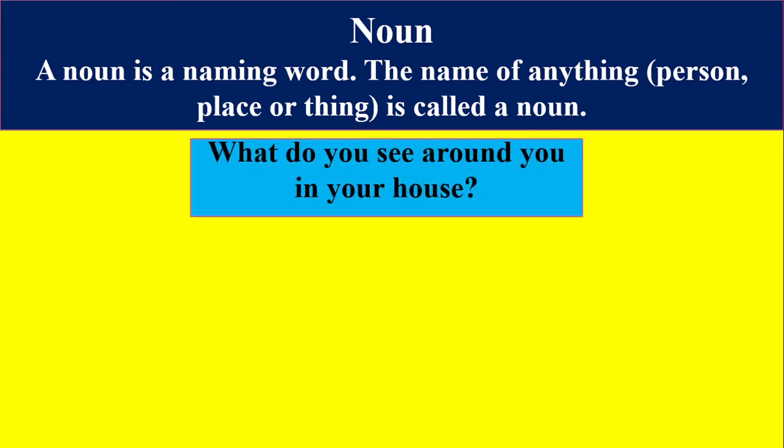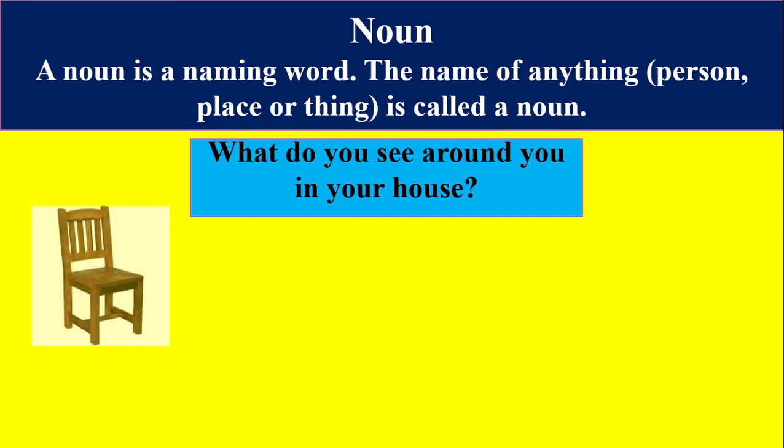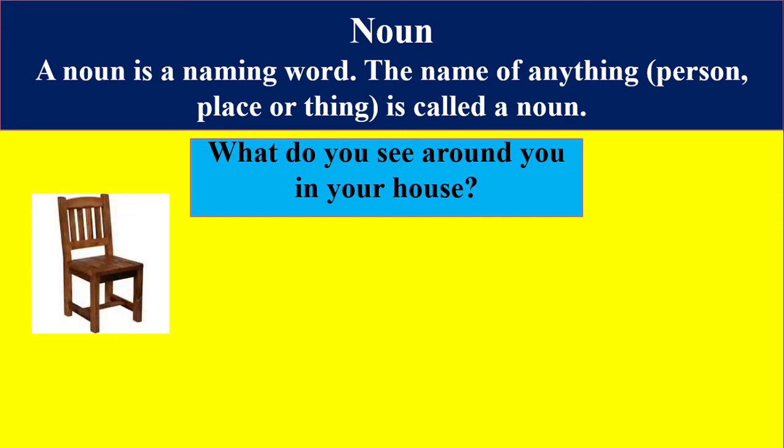Now, what do you see around you in your house? You just look around you in your house and you will see a lot of things. Here is a picture of something you see in your house. And what is it? Yes, it's a chair.